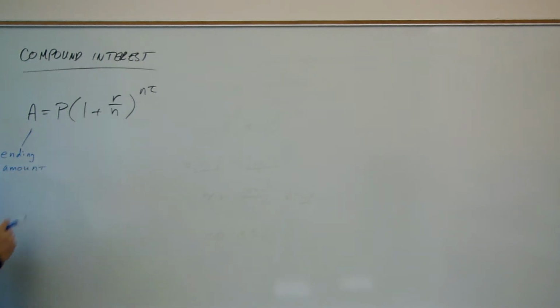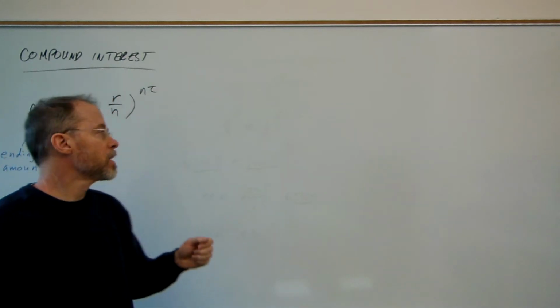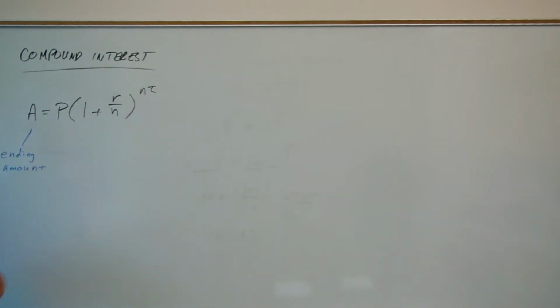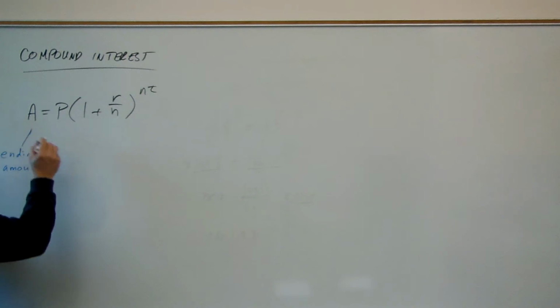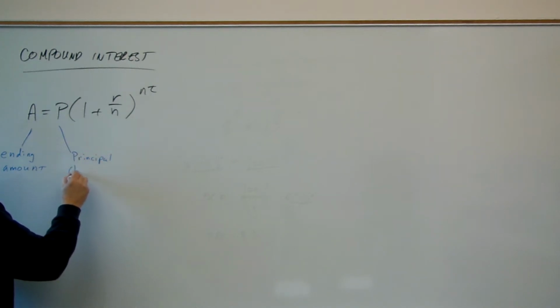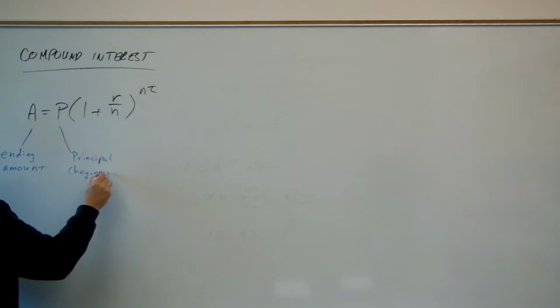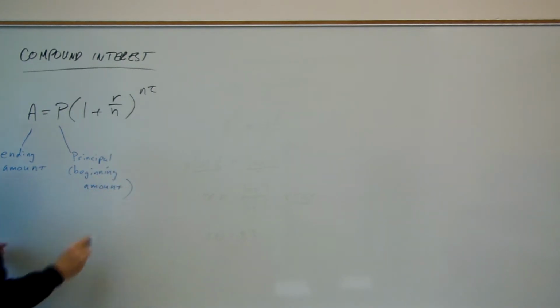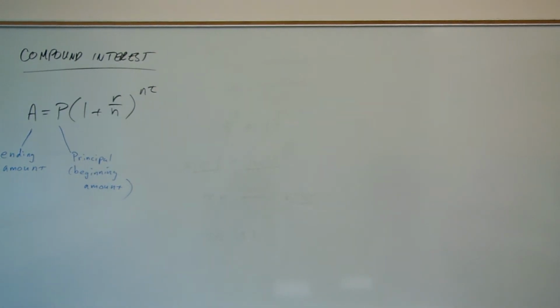In an interest situation, a financial situation where you are investing a certain amount of money over time, here's what you wind up with. P is the principal, which is the beginning amount.